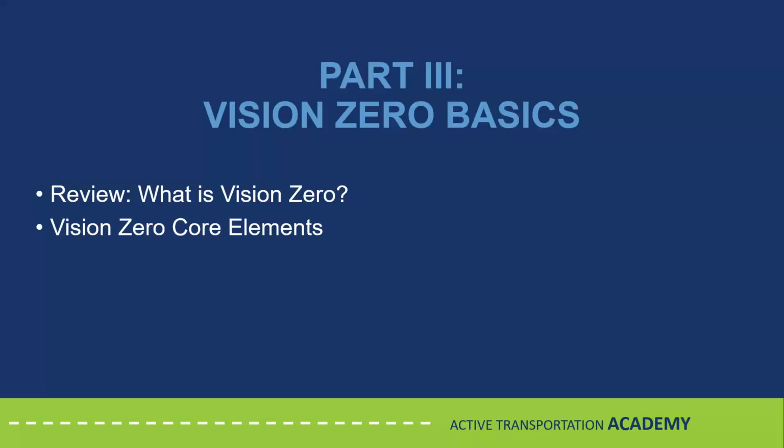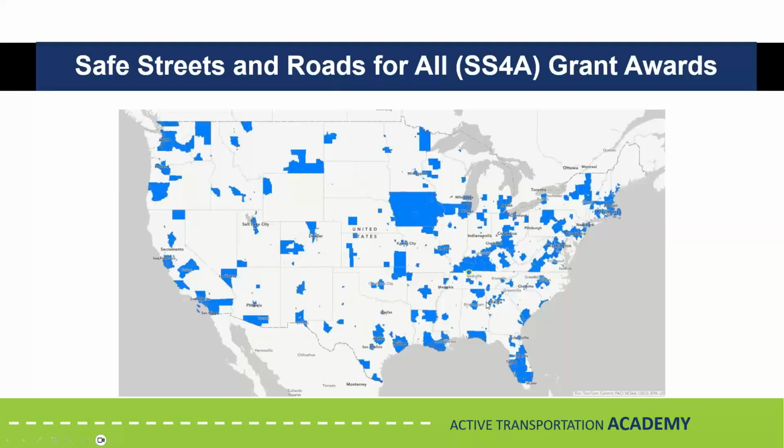We're going to do a quick review of Vision Zero basics and then delve more deeply into the 10 components of Vision Zero. But before we do that, I want to briefly mention the Safe Streets and Roads for All program. It's often referred to as SS4A. It's a funding stream from the Federal Highway Administration, and I imagine it's one that people are familiar with and has folks really interested in Vision Zero planning.